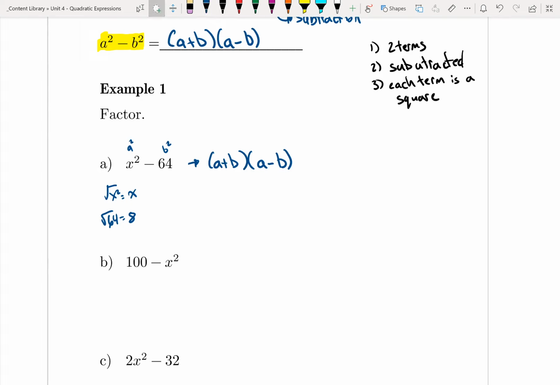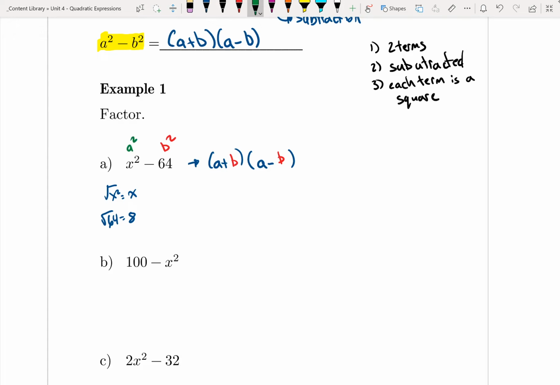Actually, let me color code some of it. Let me color code the b's. So we have our b's, so a plus b, a minus b, just so we know where our numbers are coming from.